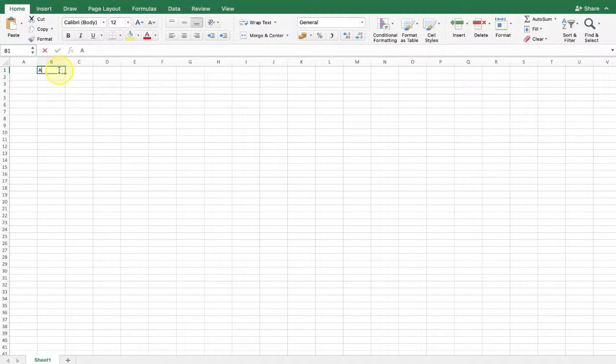Dataset A consists of the values 2, 4, and 6, and dataset B has the values 54, 56, and 58.